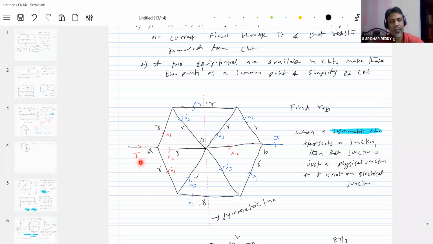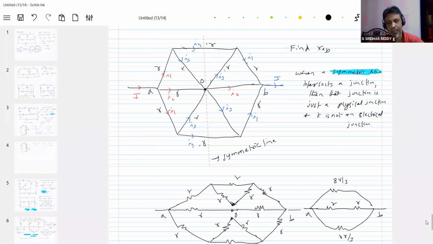What happens when they give very complicated networks? What the engineers earlier did was connect a cell and find out the current through the network. Then they know the applied EMF. Then the net effective resistance is R equal to E by I. Then they thought, okay, can we assume things like this? Then they found out the resistance. What they found out theoretically and practically was matching.